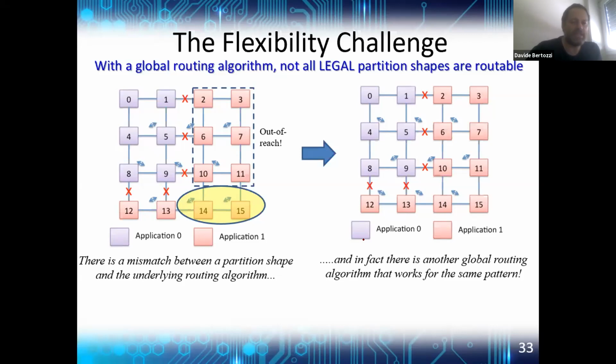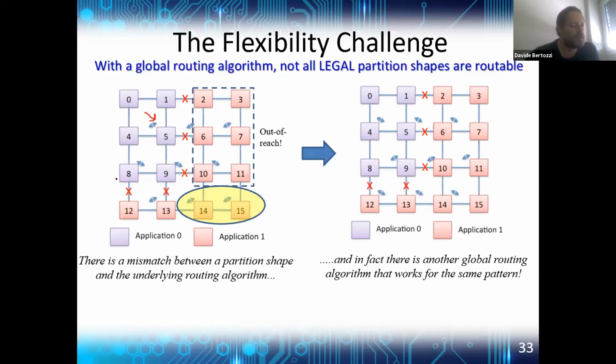We can see here that there is a problem. This is not a problem of LBDR. It's again a problem associated with the global routing algorithm and with inferring partitions on top of a global routing algorithm. As you can see here, you have two partitions.